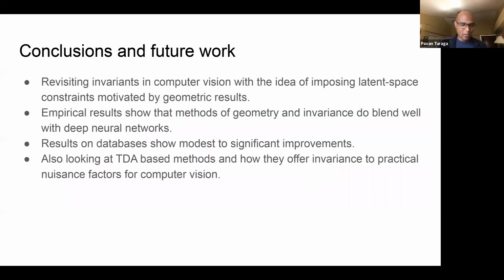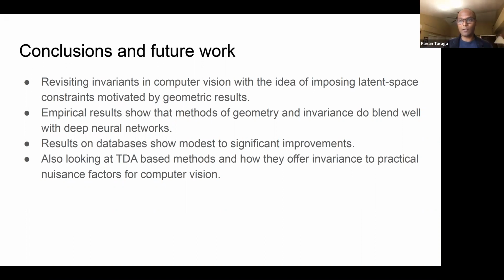So I will conclude, I'm at the end of my talk. The big picture idea that we were talking about is to revisit the idea of invariances in computer vision by finding some middle ground between what deep learning has been able to do and what the classical methods in geometry have been able to achieve, by trying to be a little flexible in not choosing a feature upfront, not choosing a representation upfront.